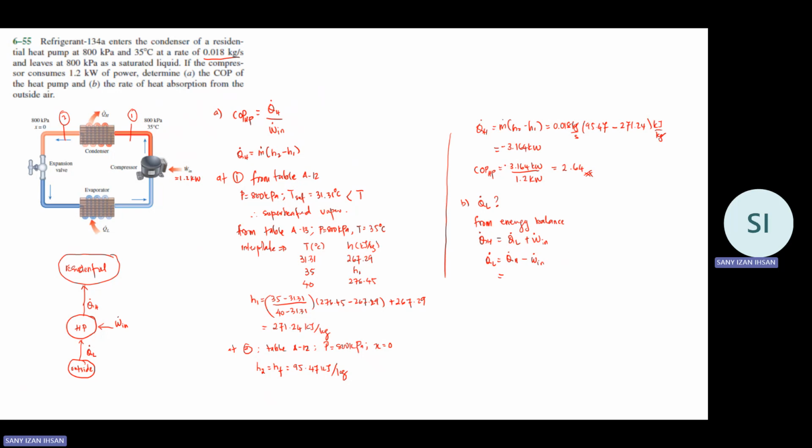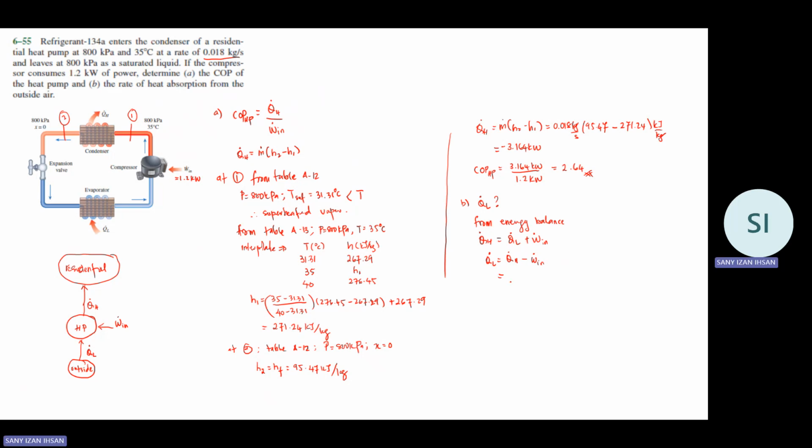You can put a negative there to indicate it, but usually you take the magnitude. Negative just indicates that you are losing energy, so the outlet enthalpy is smaller than the inlet enthalpy.